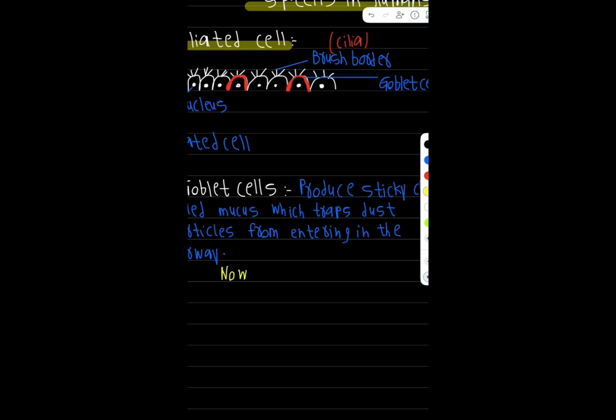Now ciliated cell, I just told you the brush borders are the cilia. These are the ciliated cells.